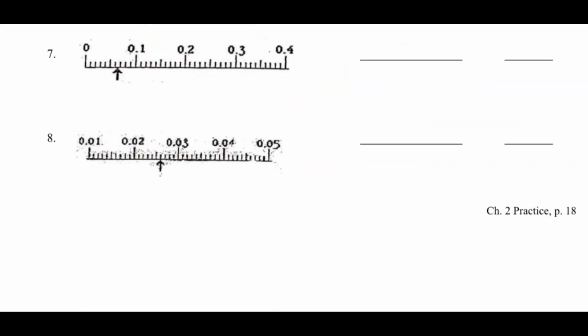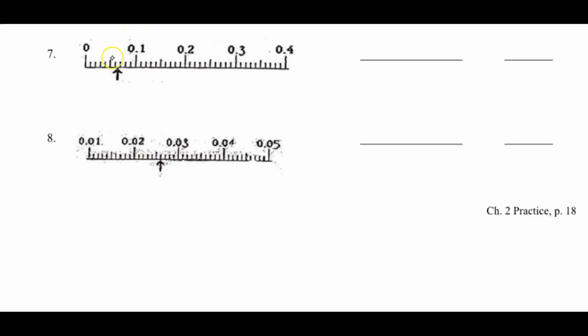Okay, 2 problems left. Okay, ooh, a lot more precise now. Let's see. 1, 2, 3, 4, 5. 1, 2, 3, 4. Okay, so there's 10 lines here. So we're actually reading the hundredths, and every tenth is marked.